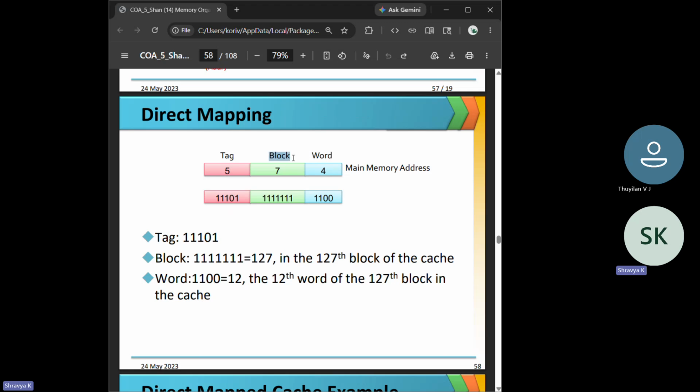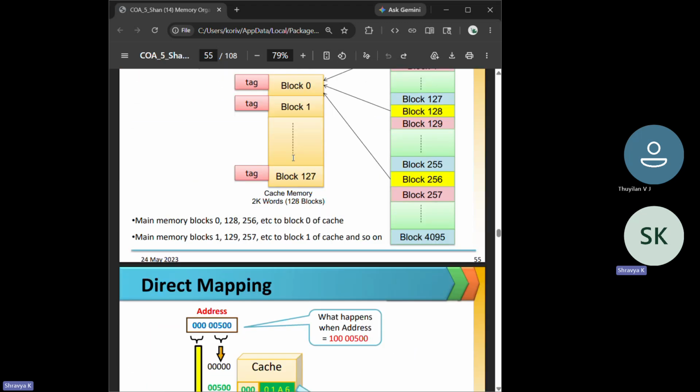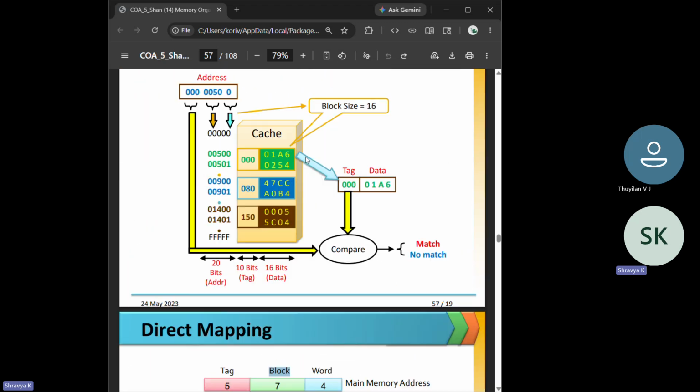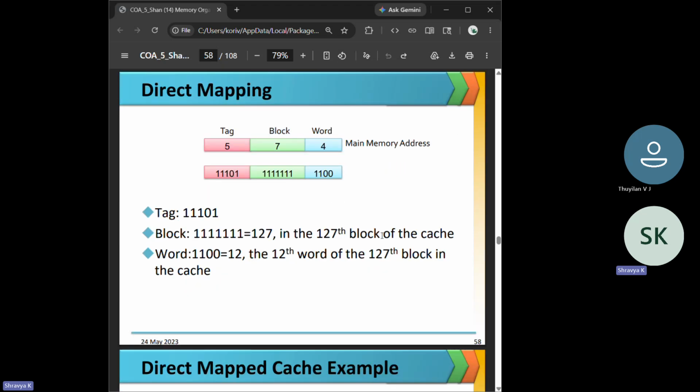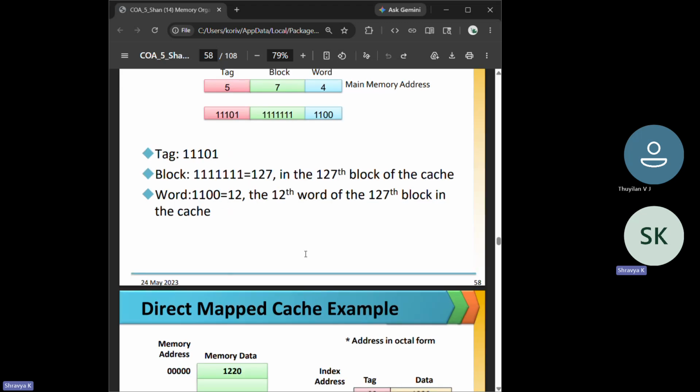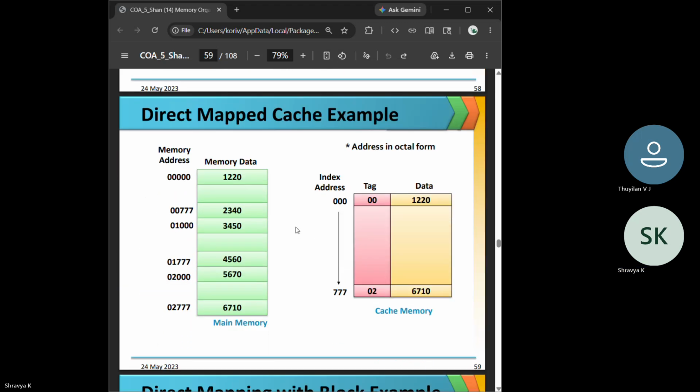The block part corresponds to the cache, as we were talking about before. After we find which block we're looking at in the cache, we look at the word, which in this case is 12. So we will look at the 12th word of the 127th block in the cache. If all of these three are matching, we will say that we have got a cache hit, right?